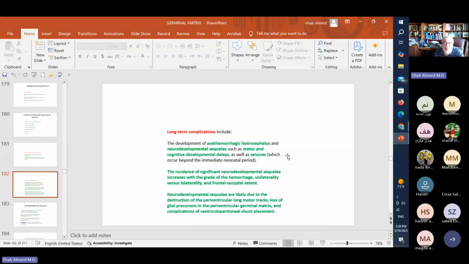Long-term ones include post-hemorrhagic hydrocephalus and the neurodevelopmental sequelae: motor and cognitive developmental delay, seizures, as we mentioned. The incidence of significant neurodevelopmental sequelae increases, of course, with the grade. It usually occurs with the severe ones, which are grade 3 and grade 4.